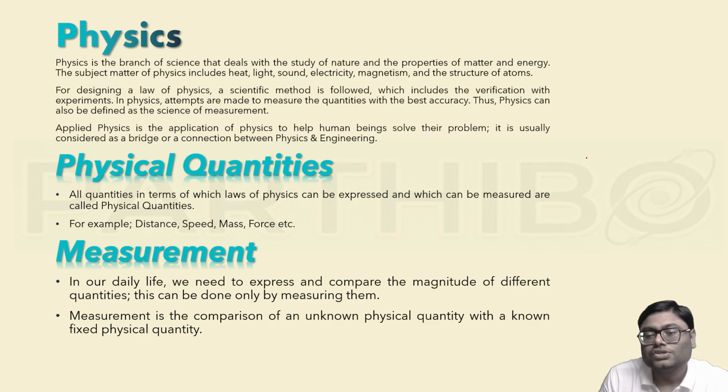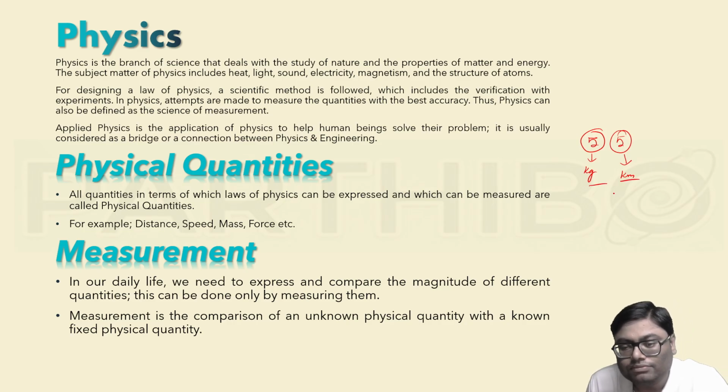Let us say we have two numbers. Is there any difference between these two numbers? There is no difference. Now I am saying that the unit of this number is kg, and the unit of this number is kilometer. Can we compare these two 5s, or can we take them as equal?